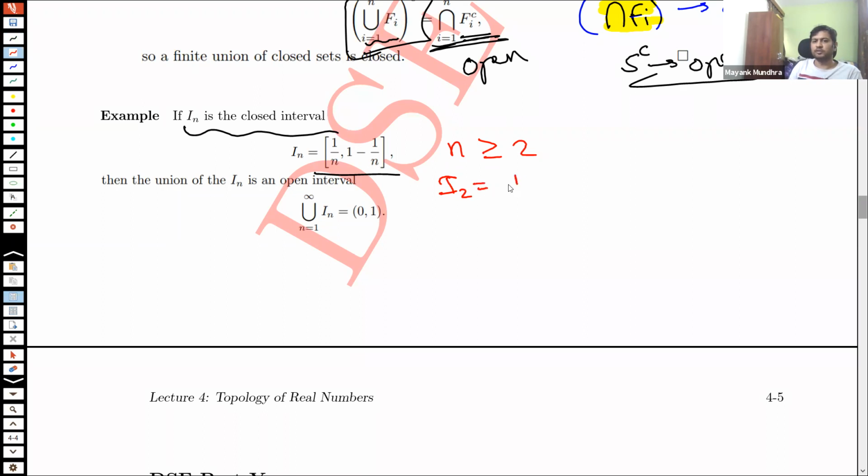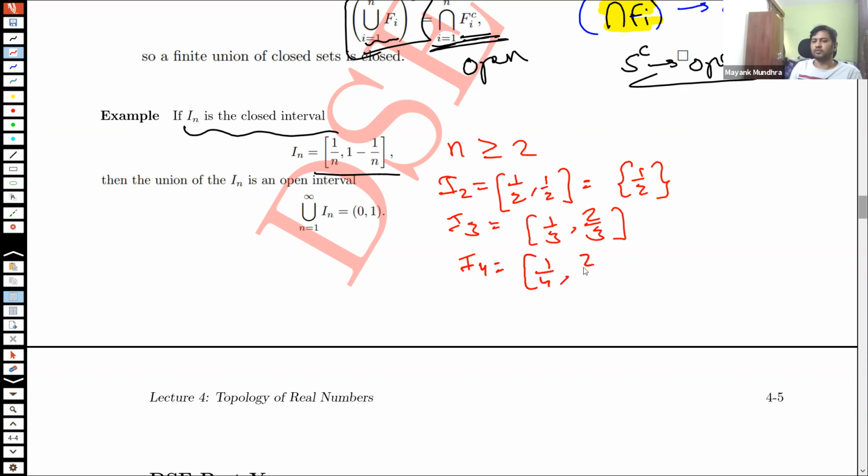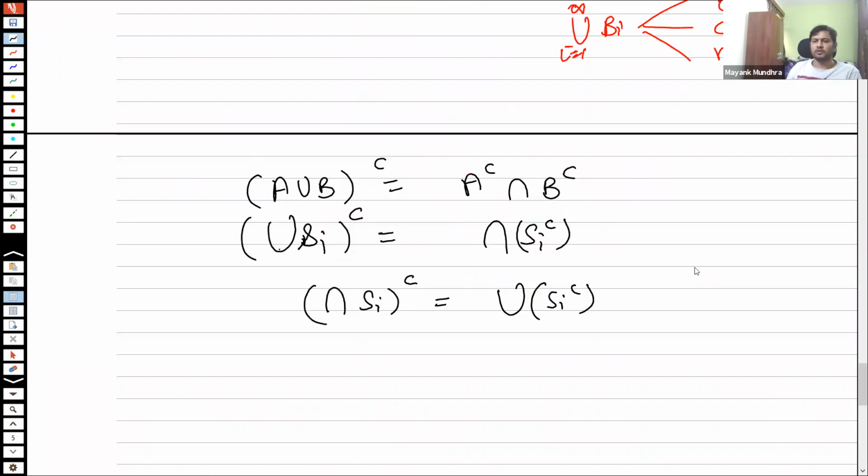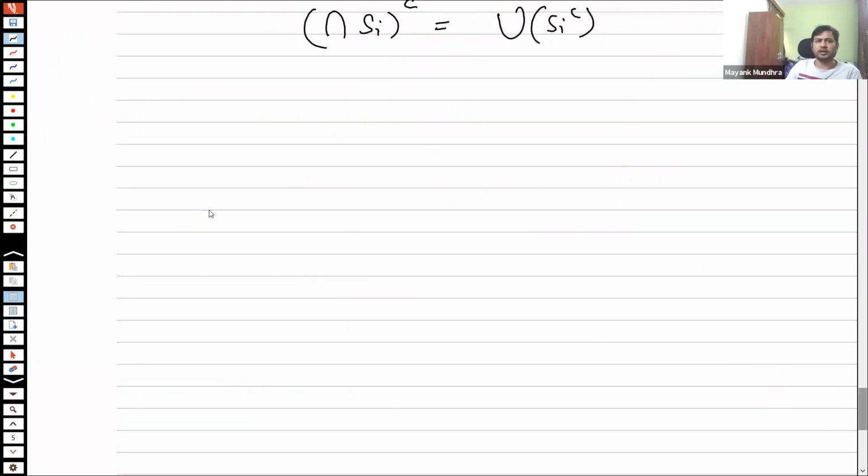So I2 is going to be [1/2, 1/2], which is basically just the singleton set {1/2}. I3 is going to be [1/3, 2/3]. I4 is going to be [1/4, 3/4], and so on. Okay. So let's look at this thing.